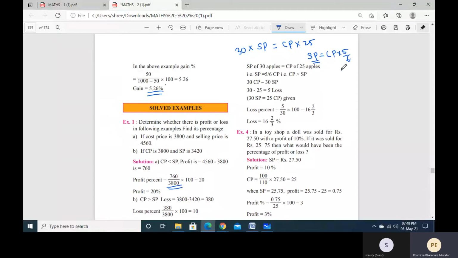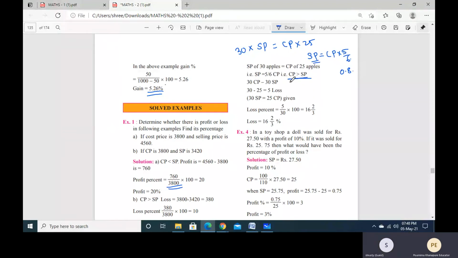So 5 by 6 is basically 0.8, CP into 0.8. That's less than 1. That means CP is more than the SP. We are multiplying by some number to the CP, that means the CP will decrease. Correct? So the cost price is greater than selling price.